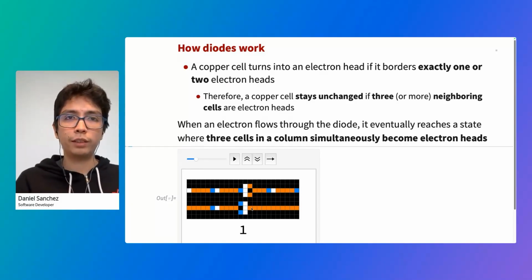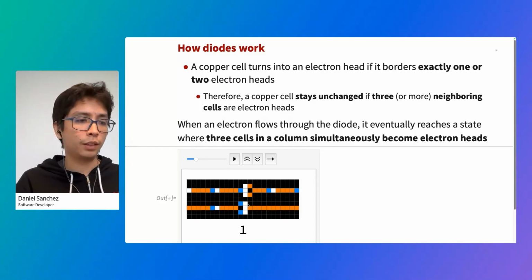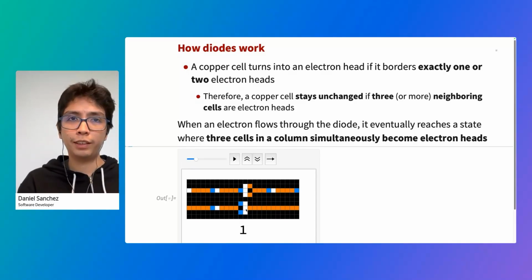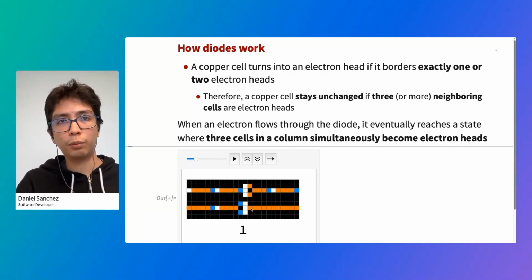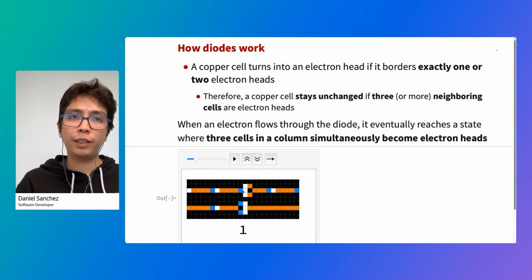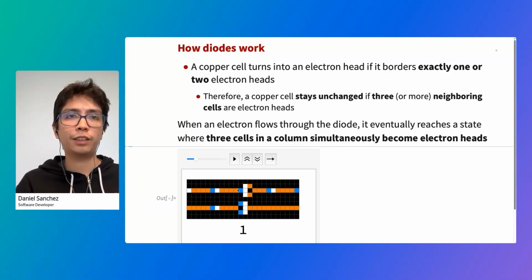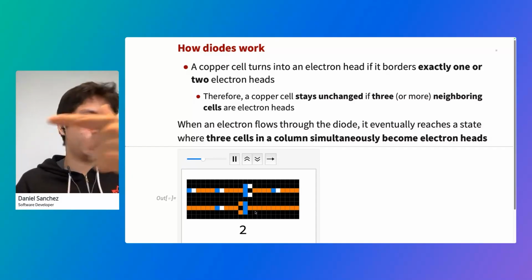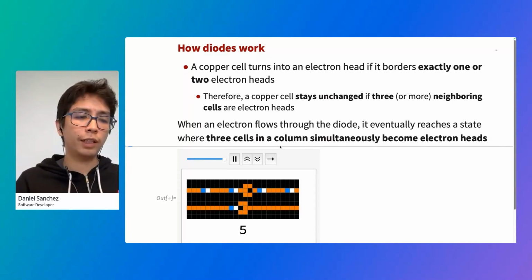Wire cells only convert to electron heads if surrounded by 1 or 2 electron heads. In this case, it's 3, so it won't convert. And in the right way, this is designed so that this doesn't matter. So that's why there's a flow if it faces the right way of the diode.